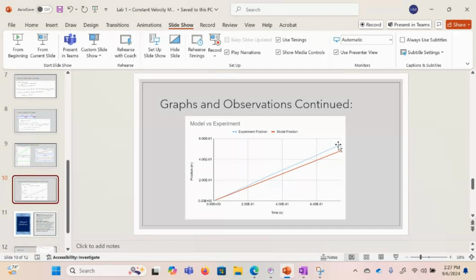And this could be from my mistakes in Tracker, probably from plotting points in each frame, and it could be the surroundings. We are assuming that there is no net force, but anything could factor in from the surroundings.